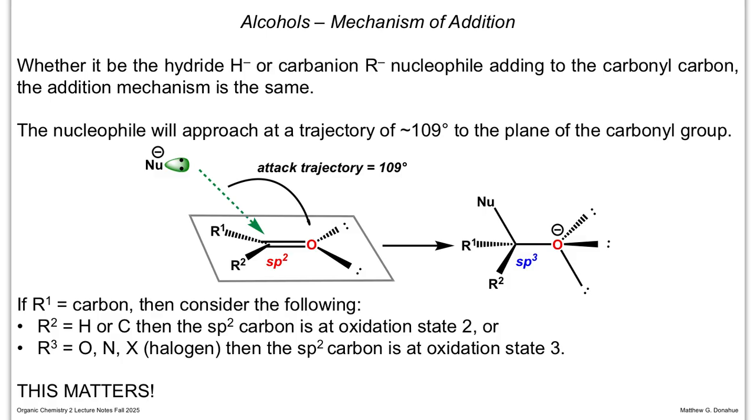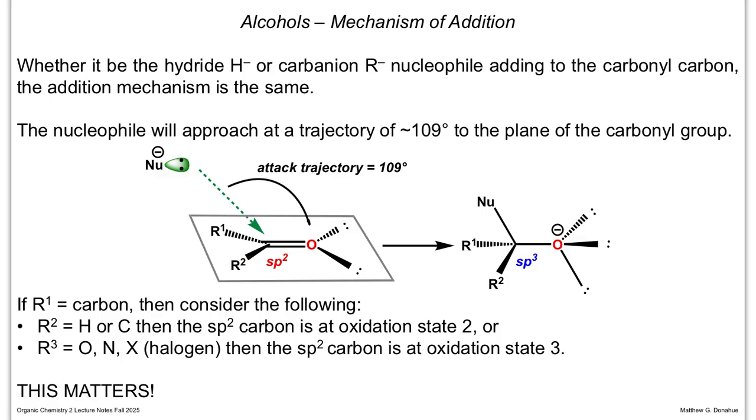So it has to attack at such a trajectory to mimic the change in hybridization. So in solution, when this thing's floating around, it doesn't come from over here and attack. It's got to be like the perfect pass, where the quarterback sees that receiver on that angle.